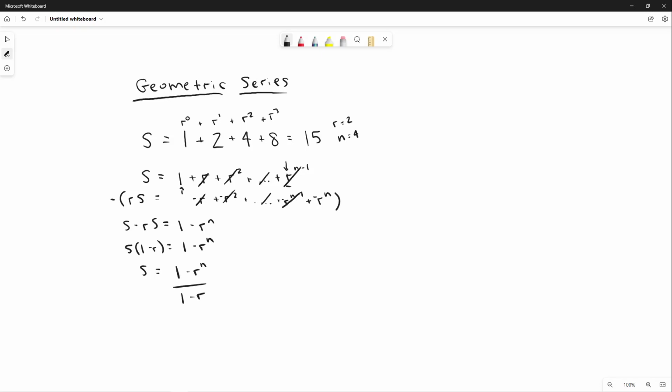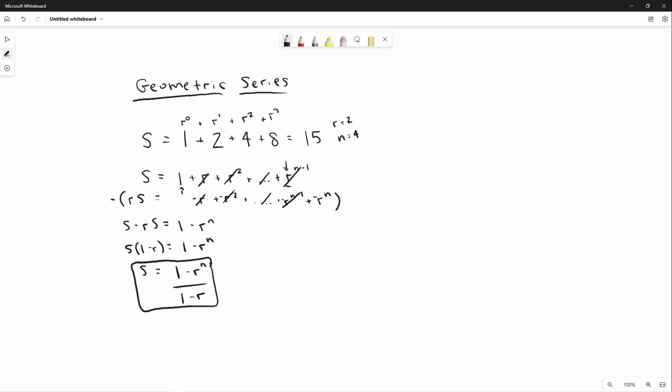So S equals (1 minus R to the n) over (1 minus R). This is actually the generic formula to help you solve for a finite geometric series where the first term is 1, and then you multiply by R for every successive term, and n is the number of terms in the series.